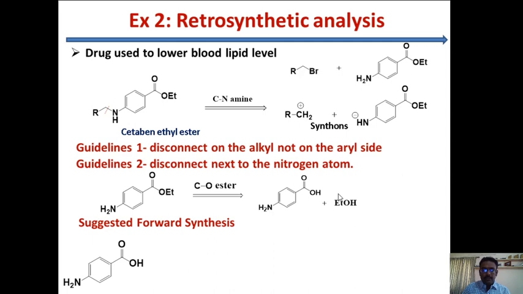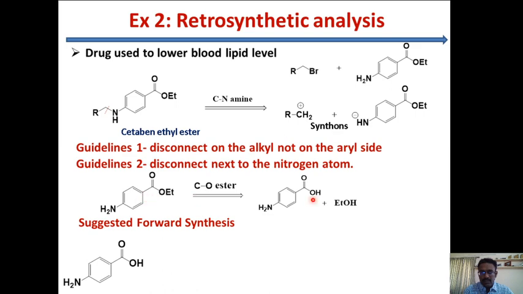When you go for the forward synthesis, you have to write down, from the last step of the retrosynthetic analysis, that step as the first step of the forward synthesis. According to our synthetic analysis, we did the C-O ester bond breaking as the last stage.